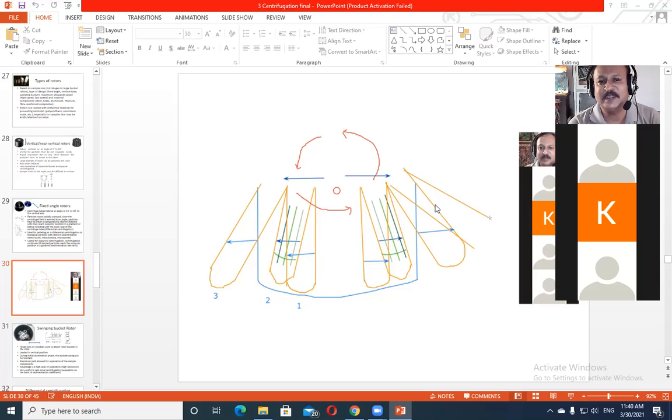If I make it more than that, say 70 degrees or 80 degrees, then what will happen? Sir, then the pellet, I think, will be more spread on the wall. In fact, it will go more towards the bottom.